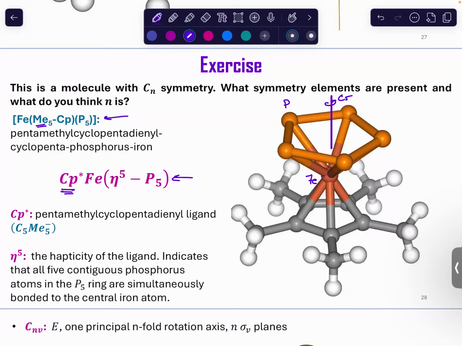I don't see any else, maybe? Let's see. Do the bonds of those methyl groups and those phosphoruses, do those line up? Like, are they perfectly aligned with each other? I think they are, but that doesn't really matter for this one.